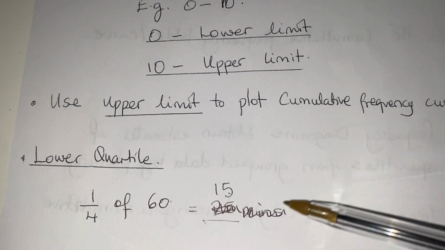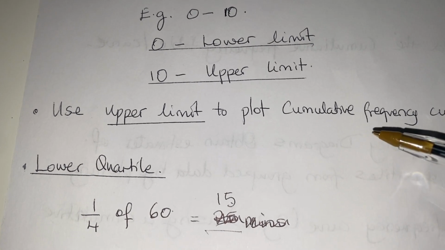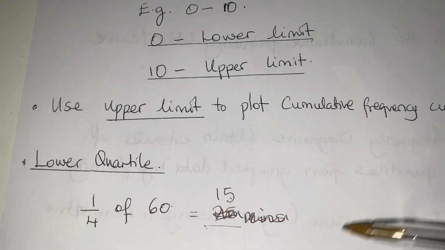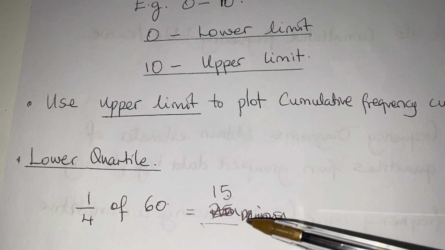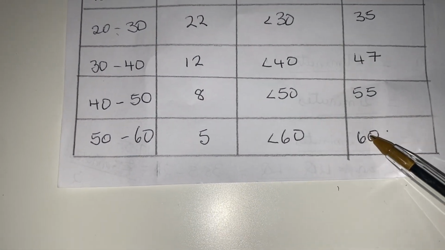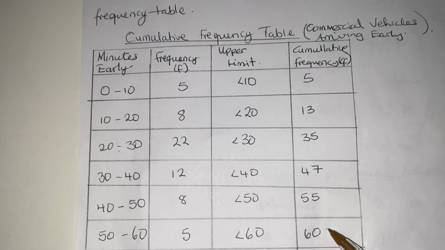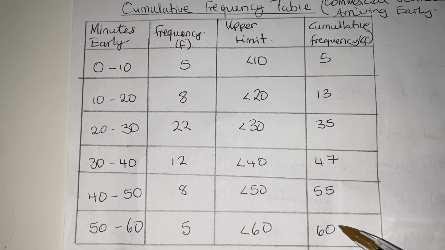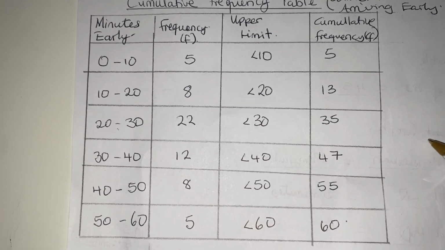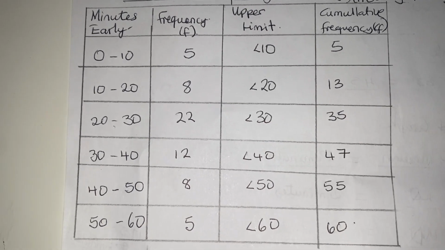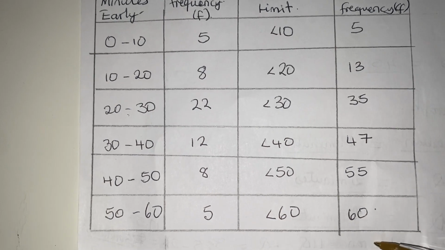Your lower quartile is 1/4 of the total on the cumulative frequency. So on this graph here, we got a total of 60, the cumulative frequency. So 1/4 of this 60 is 15. 3/4 is the upper quartile, which will be 45.